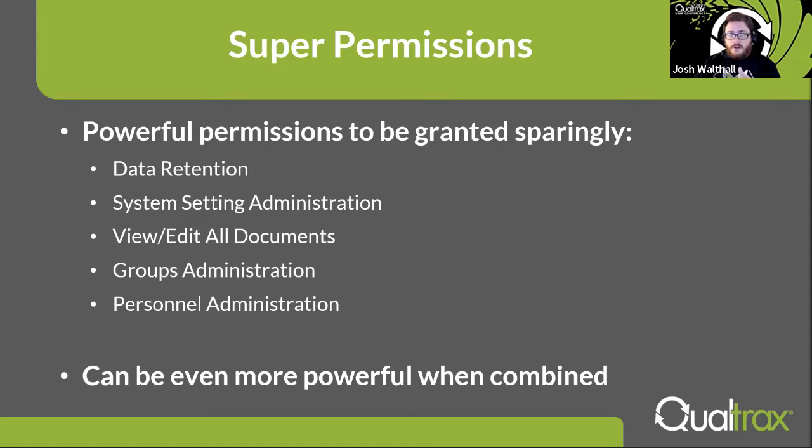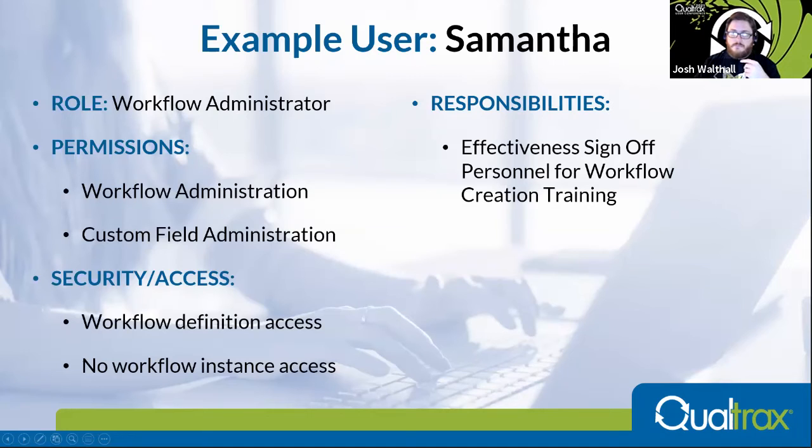All right, so now that I've talked through what user scope is, where you configure it, what the components of it are, I want to give you some examples of different users and their scopes to solidify this. So our first example is Samantha. Samantha is one of the people in her organization responsible for workflow creation and administration.